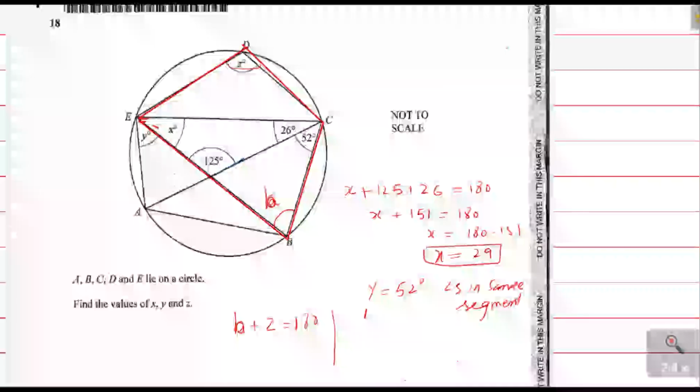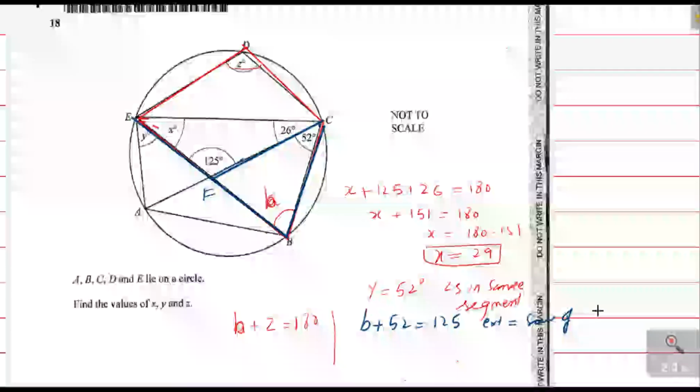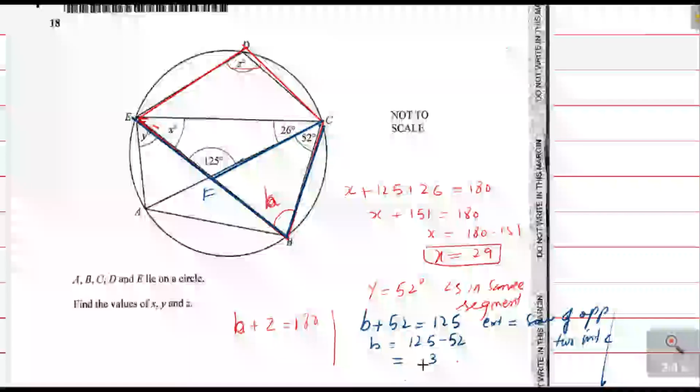Look here, this is the triangle CB, and this point we name it F. In this triangle CBF, this is the exterior angle, and this exterior angle is equal to the sum of the other opposite interior angles. We write B plus 52 equal to 125, and this is the property of the sum of two opposite interior angles. Therefore, B will be equal to 125 minus 52, that will be equal to 73 degrees.